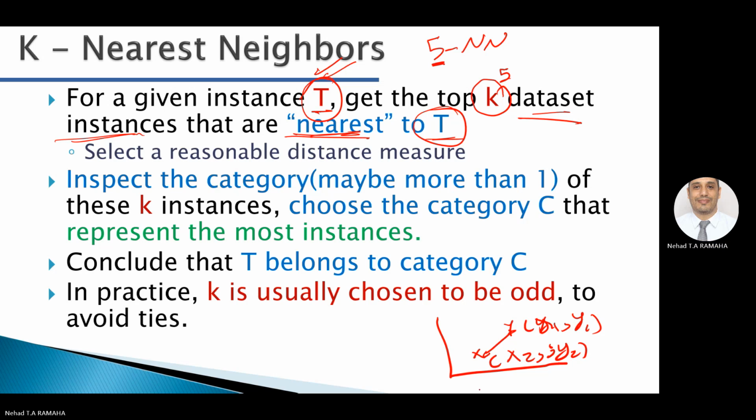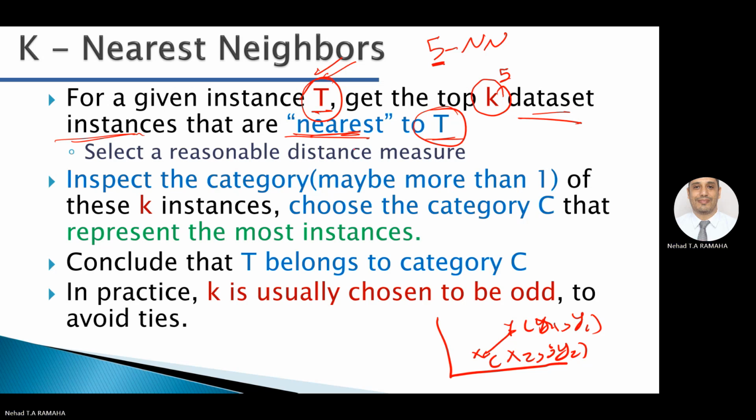So (X1 minus X2) power 2 plus (Y1 minus Y2) power 2, and we take the square root of it. Okay, this is the most common distance equation. By the way, we have many equations for the distance.